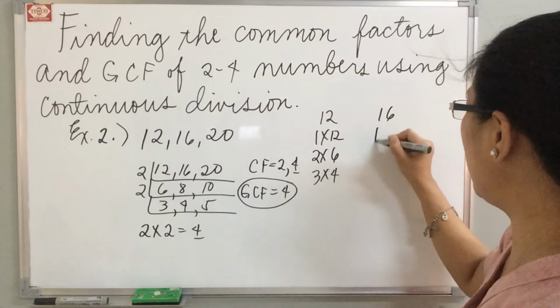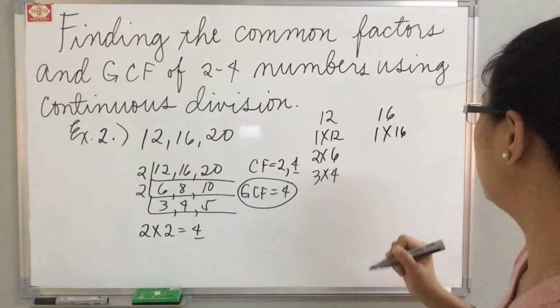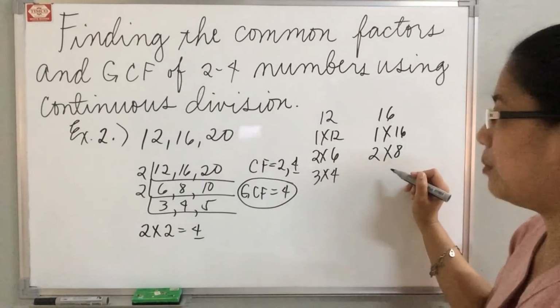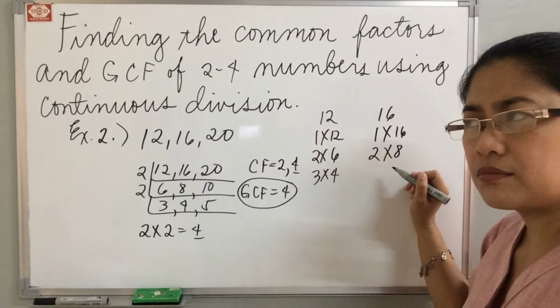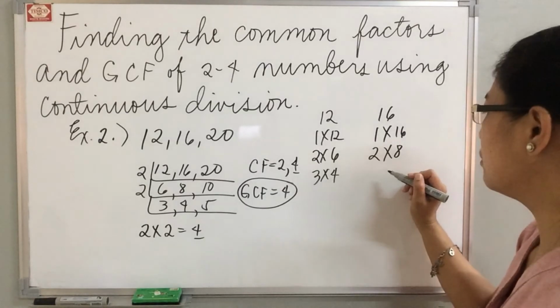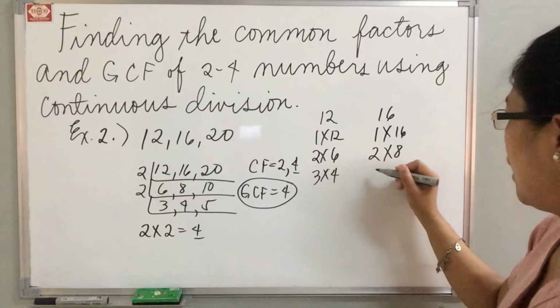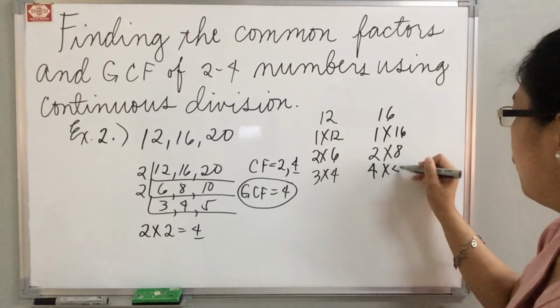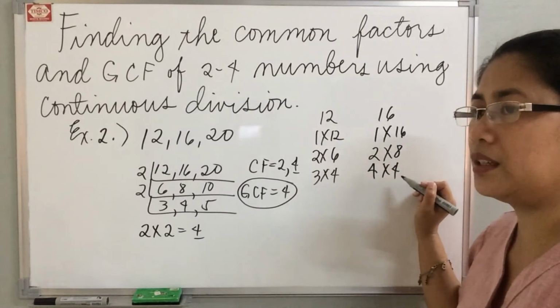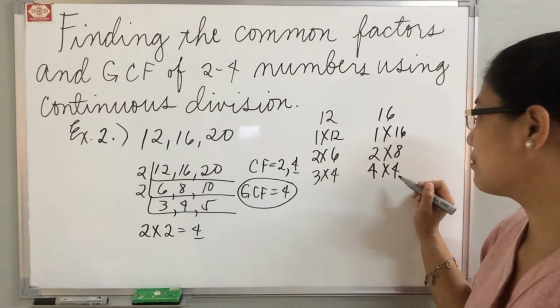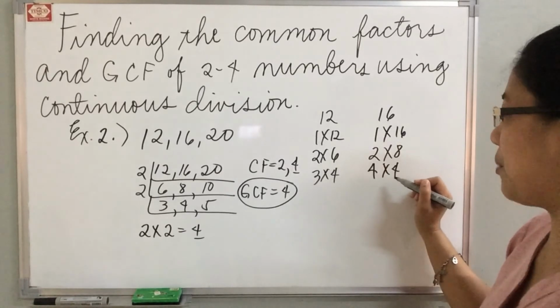Then, we have 16. We have 1 and 16. 2 times 8. About 3. There is none. 4. Yes, we have 4 times 4. It will give us 16. About 5, 6, 7. Let's stop there.